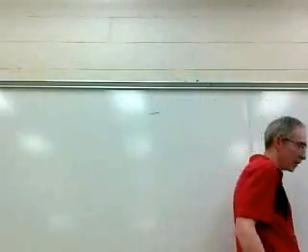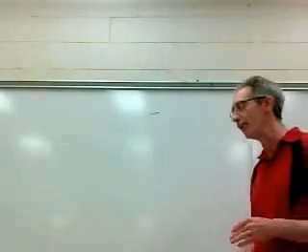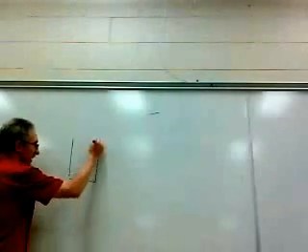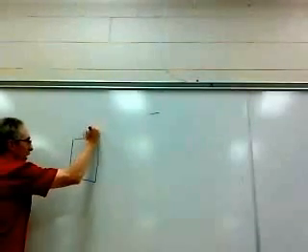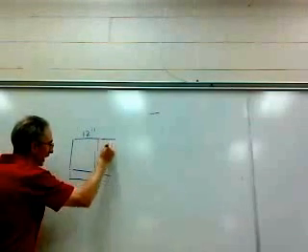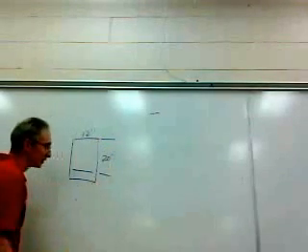Let's go ahead and do an introductory example to design, to show you how this might work. Let's say we had a beam that was 12 inches wide and has an effective depth of 20 inches.